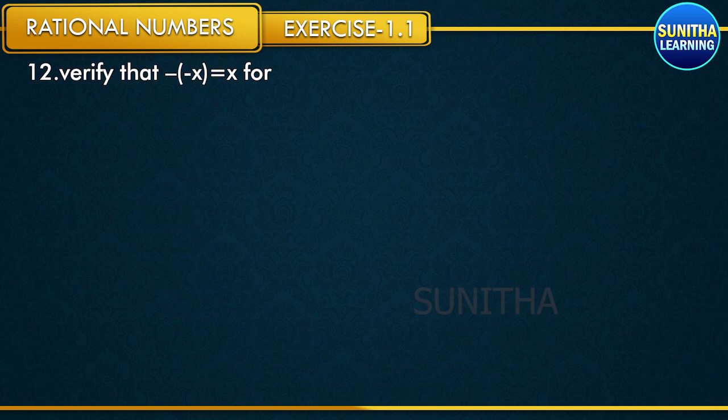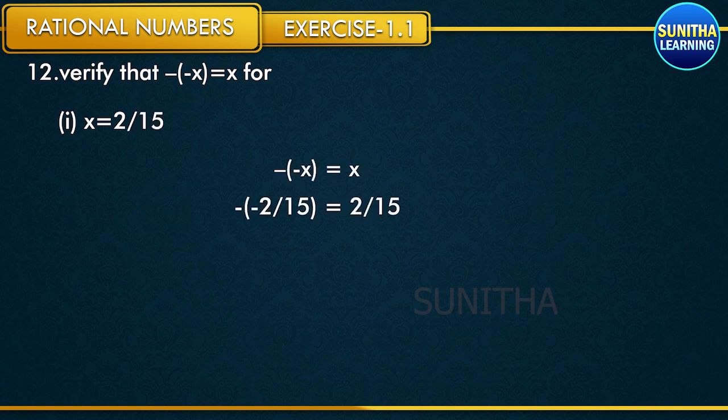Now write down the LHS: minus of minus x, where x is 2 by 15. Minus into minus is plus, so the LHS is 2 by 15. The RHS is already given, that is 2 by 15. So LHS is equal to RHS. Verification is done. Clear?